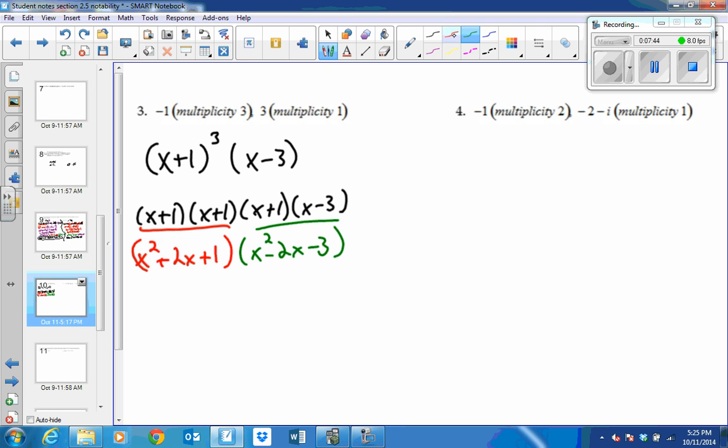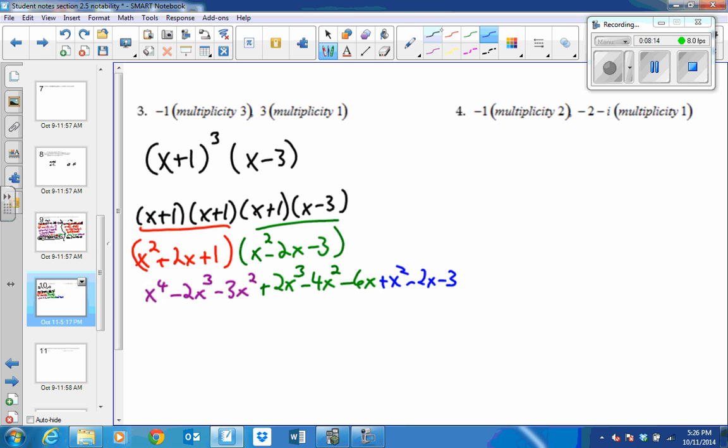And now we have to distribute everything in those. First term times everything there is going to be x to the 4th minus 2x to the 3rd minus 3x squared. Next one is going to be plus 2x to the 3rd minus 4x squared minus 6x. And lastly, plus x squared minus 2x minus 3.